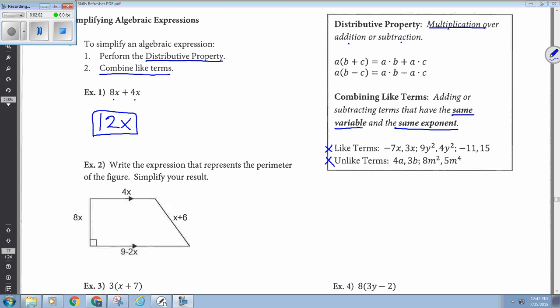You never touch exponents when you combine like terms. So for example 1, the answer would not be 12x squared. That would not be an answer because you do not touch the exponents when you add or subtract. That's only for multiplying, which we'll get into later.